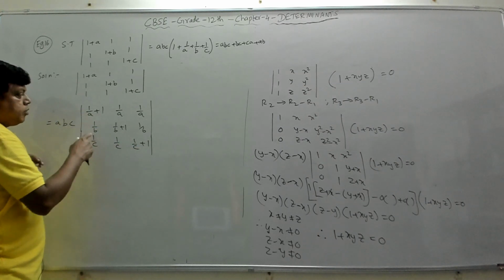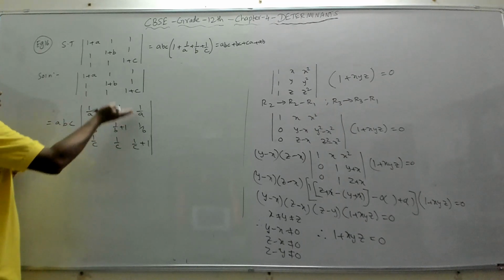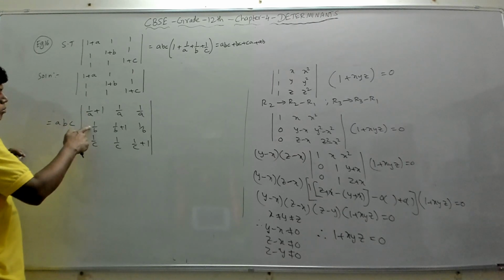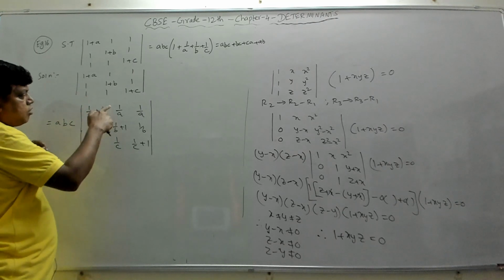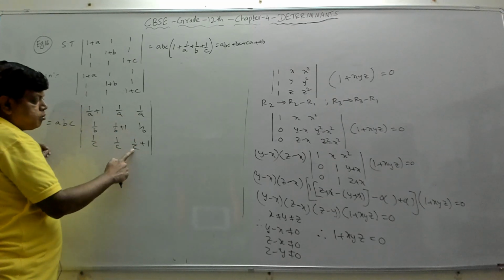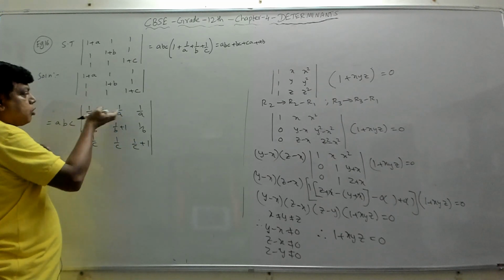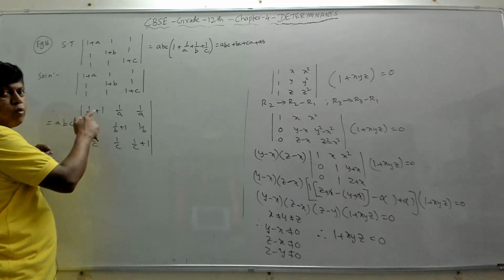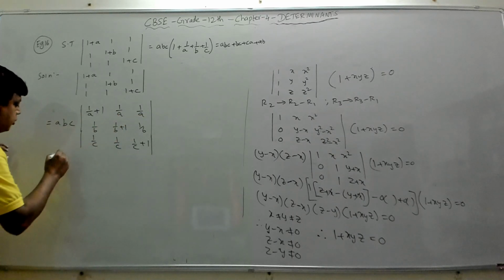So they are not the same. Now if I add like this, this will become 1 by a plus 1 by b plus 1 by c plus 1. This will all become 1 by a plus 1 by b plus 1 by c plus 1. So row 1 will become 1 plus 1 by a plus 1 by b plus 1 by c. So all the elements will be the same if I do this operation.